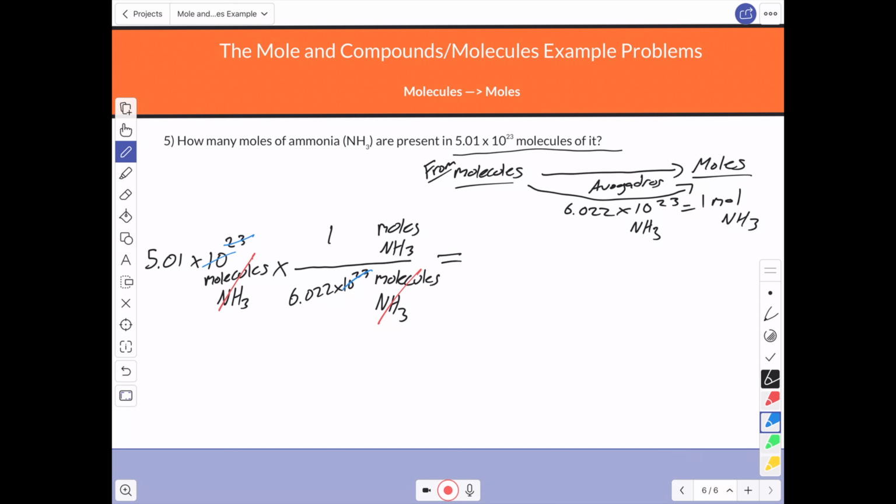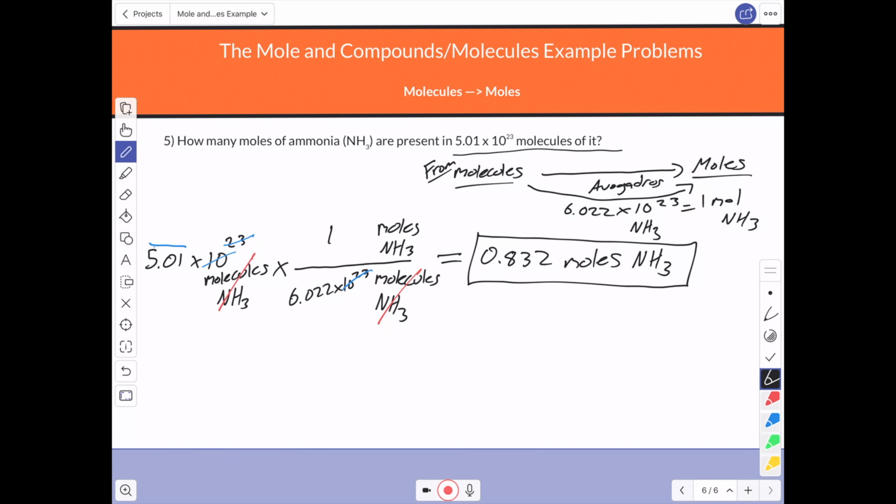We want it to 3 sig figs, right? Because that's the least amount. I get a number of 0.832 moles of ammonia. And there we go.